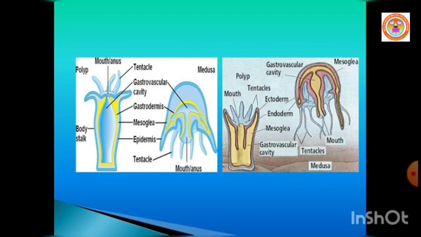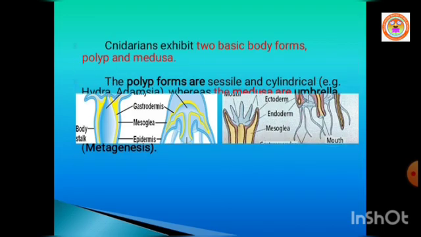The polyp forms are sessile, that means fixed in one place, and they are generally cylindrical. Example, Hydra and Adamsia. Whereas the medusa form is an umbrella shaped structure, which is free swimming.